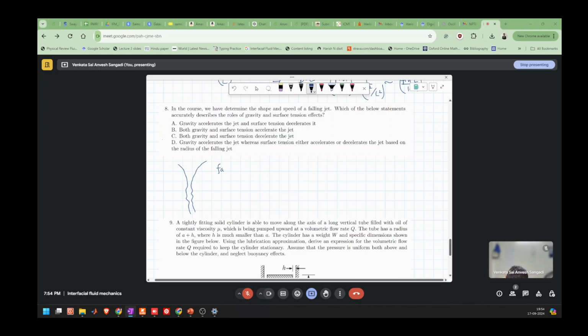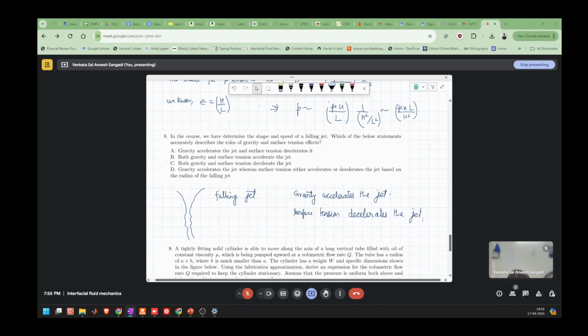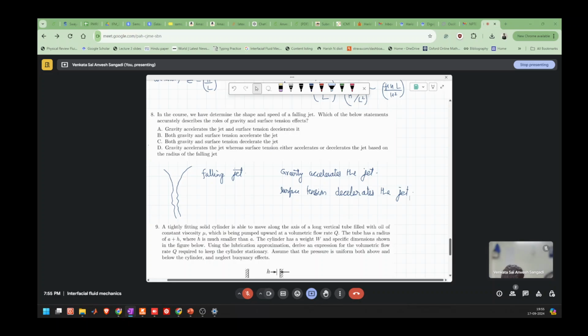We know from our analysis that in the falling jet, gravity accelerates the jet and surface tension decelerates it.